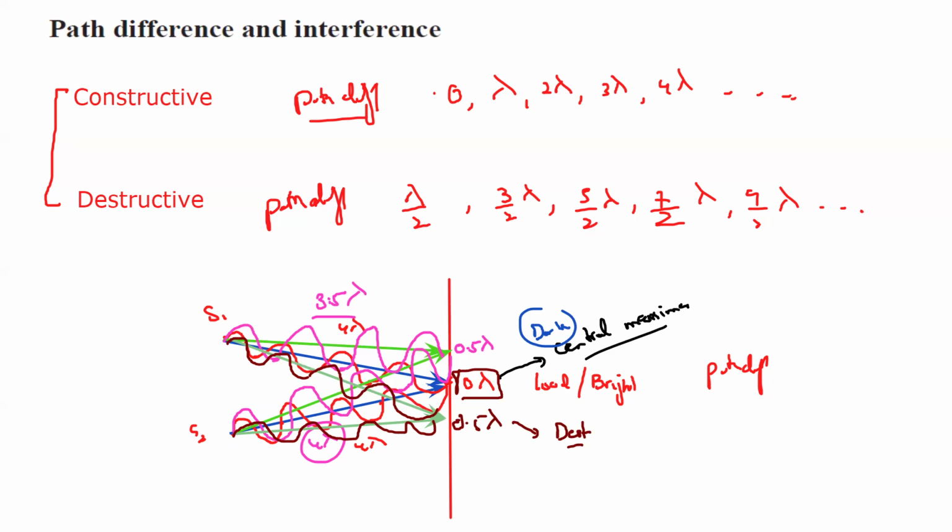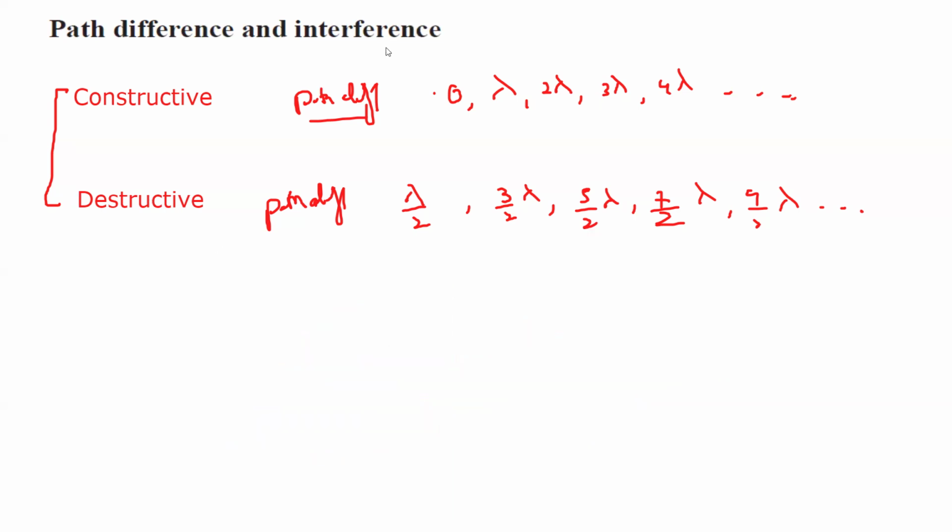If this represents a screen, at the center of the screen, with source 1 and source 2, we will have a maxima, which will be bright. The path difference is 0. Then above the maxima, we'll have a minima. The path difference is 0.5. Then above that, again, we'll have a maximum.